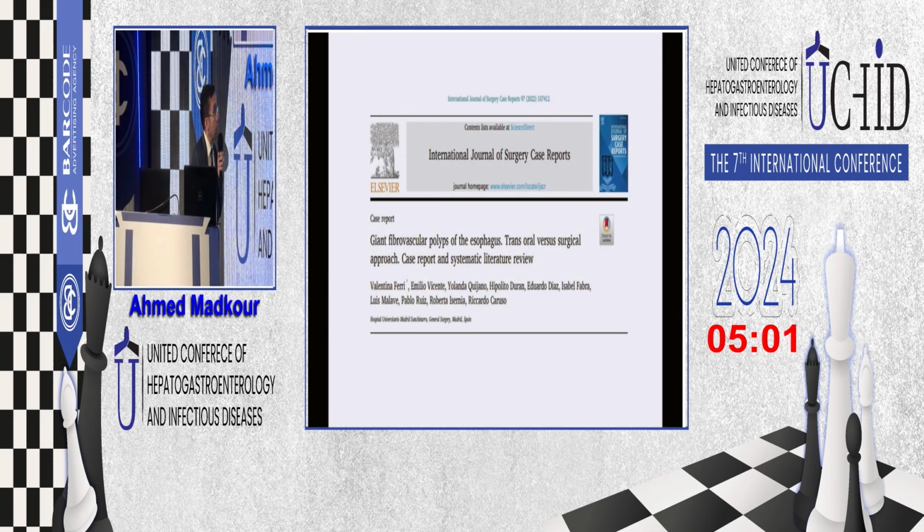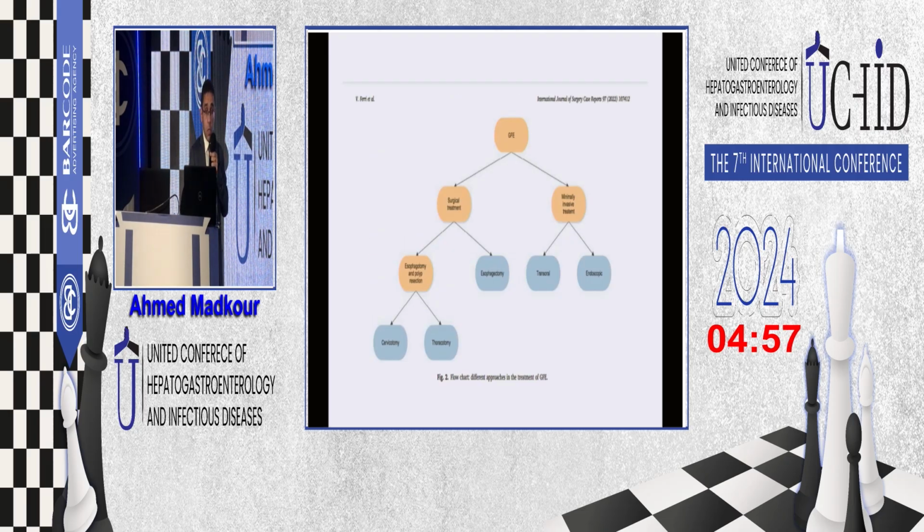This was a nice review of the published cases of giant fibrovascular polyp and how it can be resected, either surgically or endoscopically. Sometimes this huge lesion needs esophagectomy and gastrostomy to take it out. Sometimes, when the patient coughs, the lesion comes out and they cut it.